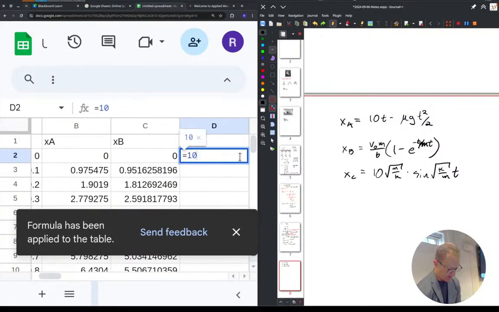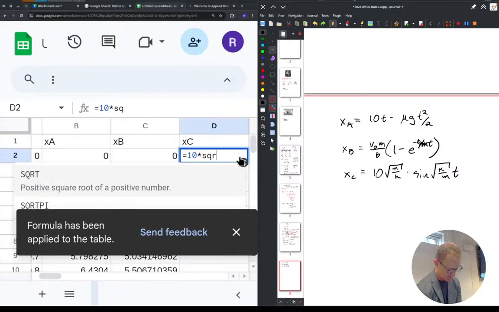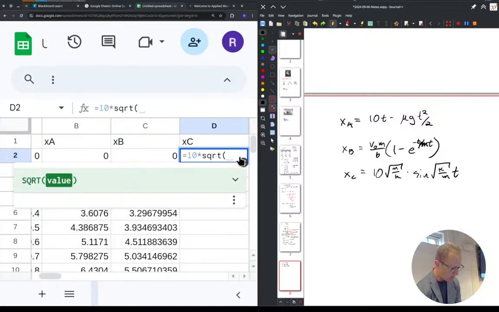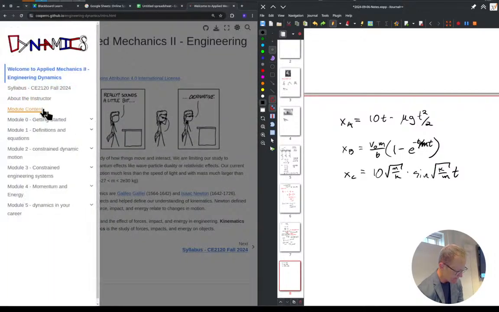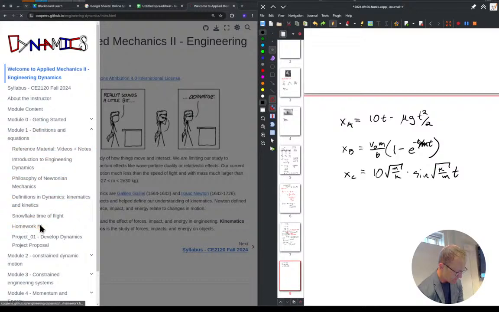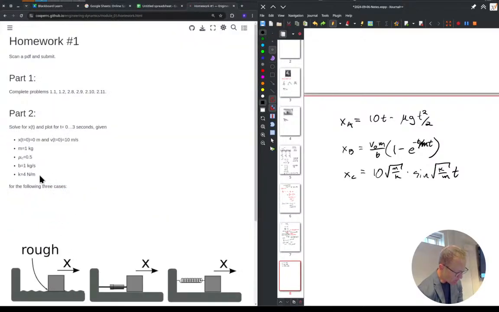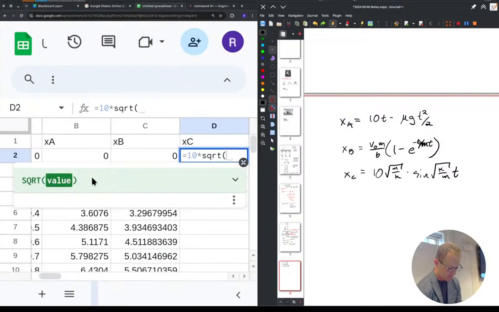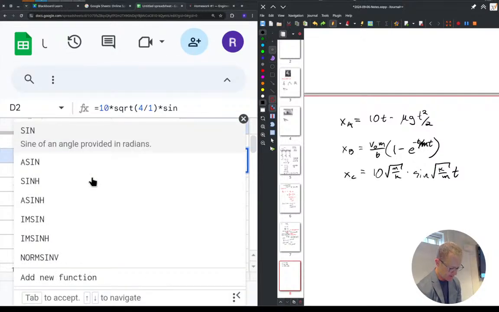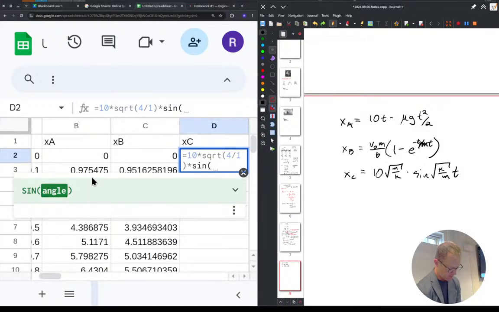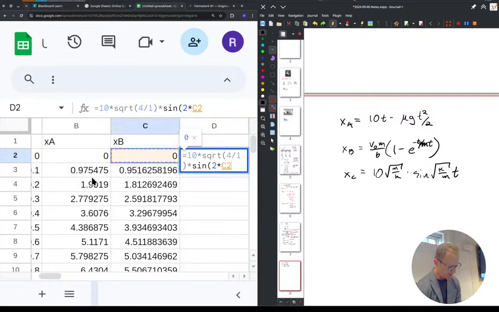Then finally, we've got 10 times square root of 1 over 10 or 5? We got 4 Newton. So 4 over 1 times the sine of, I'm going to take square root of 4, so 2 times time.